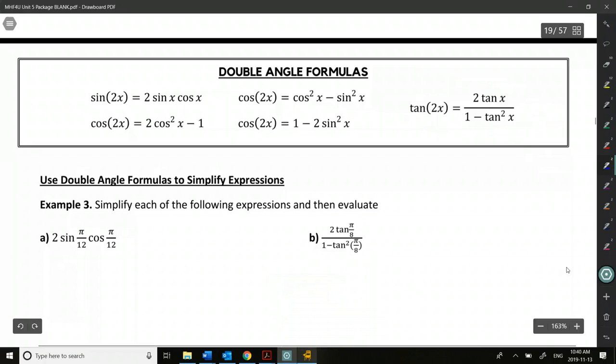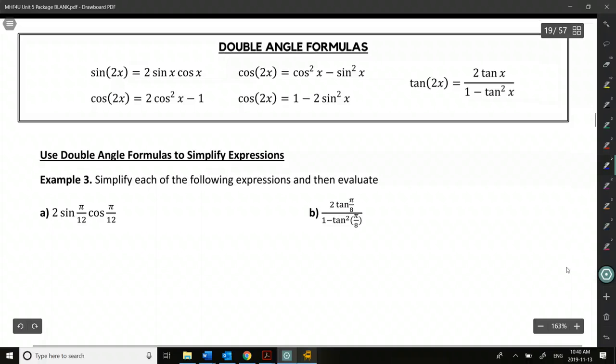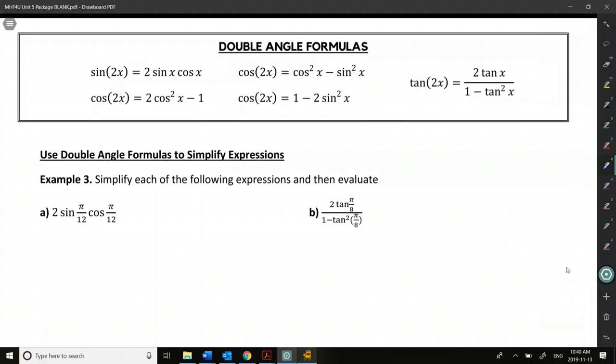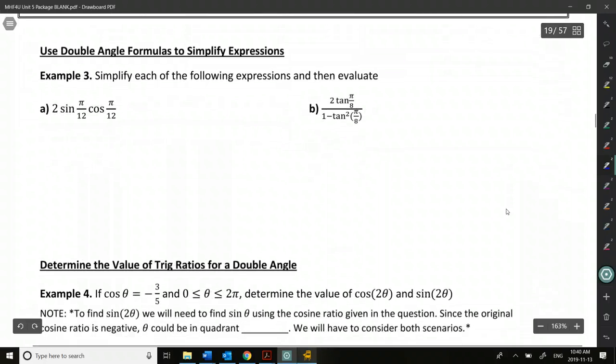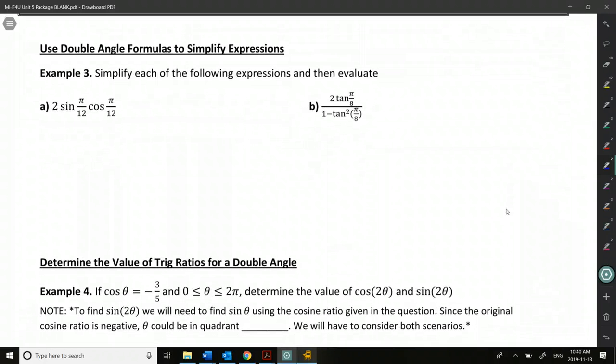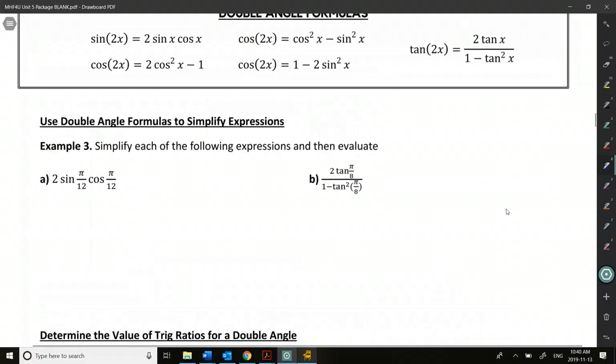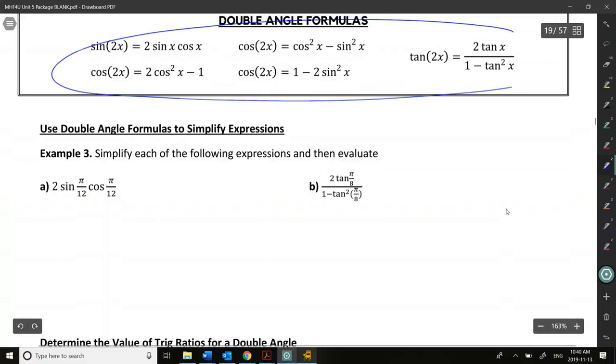Okay, so we're going to apply these in some questions with exact values. Simplify each of the following expressions, then evaluate. So 2 sine something times cos of the same something. Where does this come from? Does any pattern up here work for that?